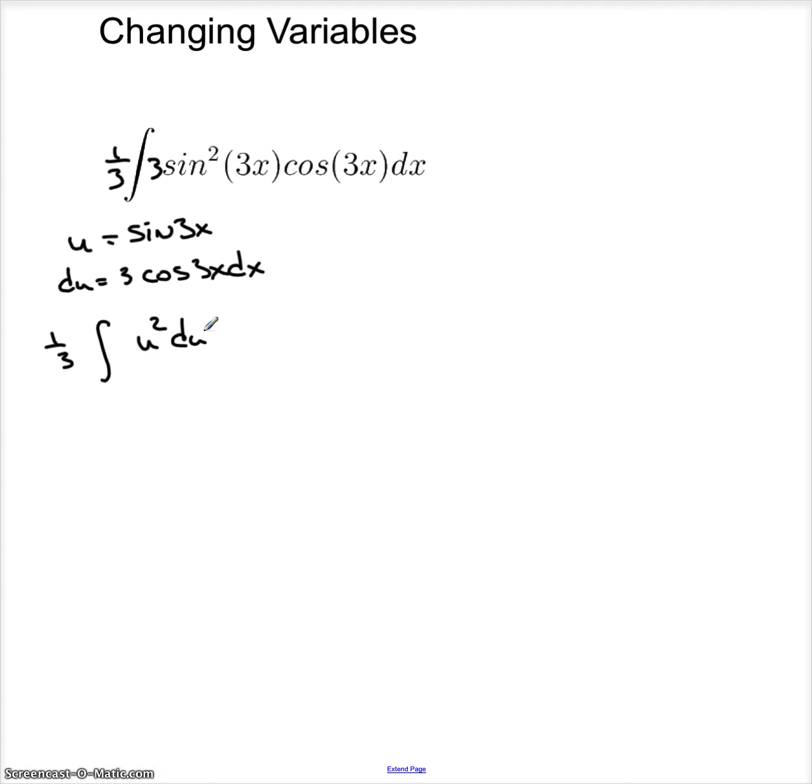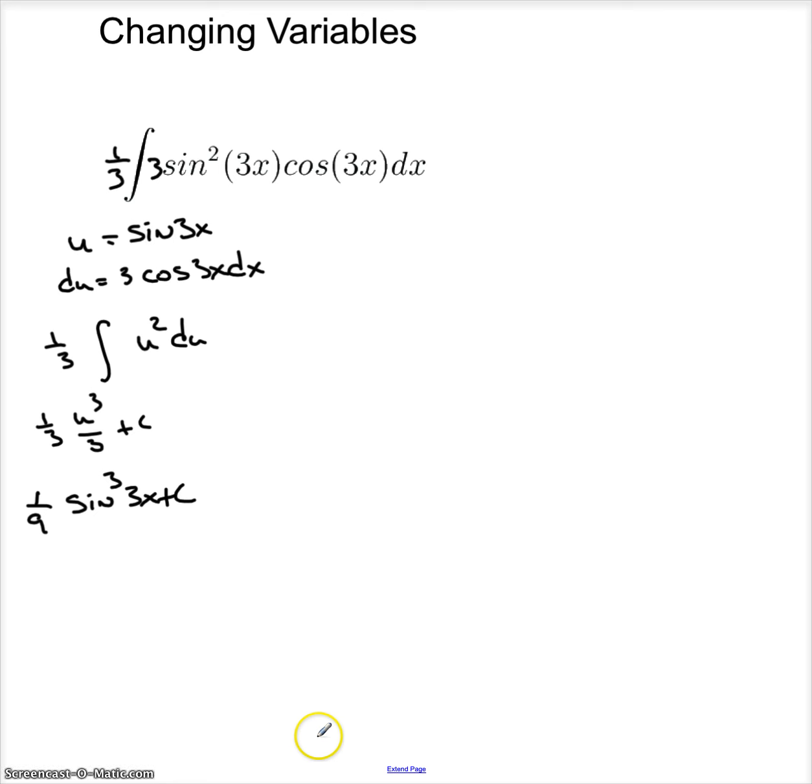See how much easier that is? So this is 1/3 times the integral of u squared, which is u cubed divided by 3 plus c. So this whole thing becomes 1/9 sine cubed 3x plus c.